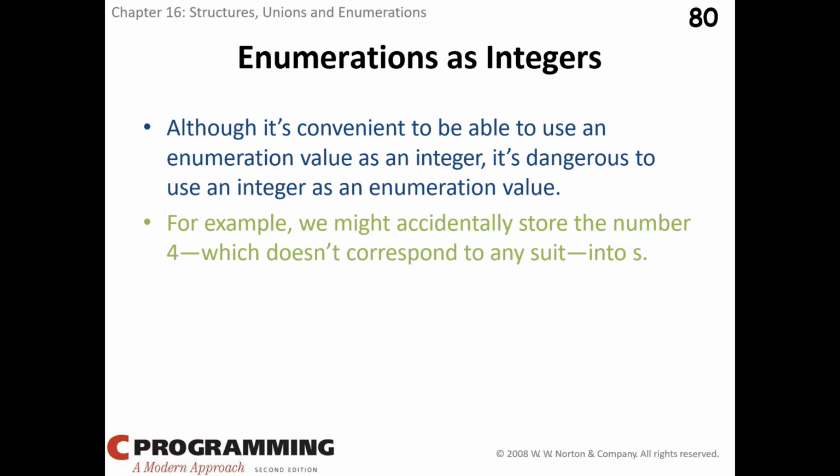However, 4 doesn't align with any suit in our enumeration. This assignment can lead to unintended consequences or errors in our program. Therefore, it's essential to be cautious when handling enumeration values and ensure that we use them appropriately to prevent such issues.